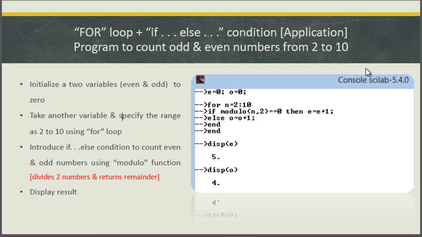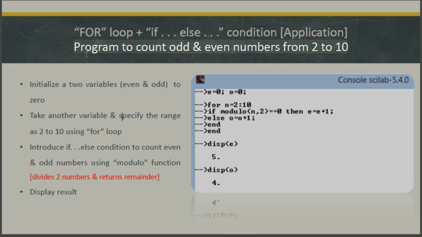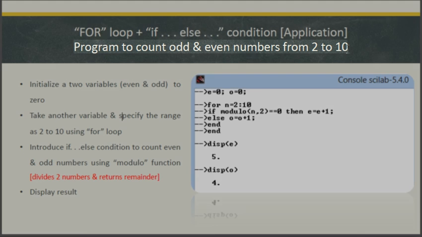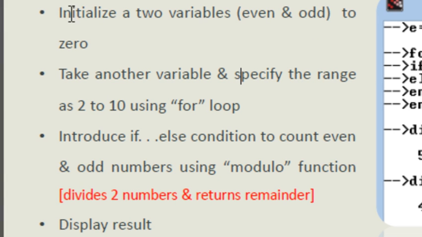Okay, if we have followed this, we'll move a level up. Now we'll combine the for loop with if else condition and make an application. This application will basically be a program to count all the odd and even numbers from 2 to 10. To do this, we will have to initialize two variables, one to store the count of even numbers and the second one to store the count of odd numbers.